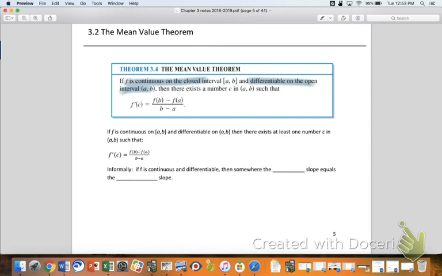So as long as f's graph is continuous and differentiable on the interval that we care about, then there is some number on the interval, they're calling it c, such that, and here's the hypothesis, on the left, this is the instantaneous rate of change. I'll just put ROC for rate of change. Instantaneous rate of change. And what on earth is that thing on the right?